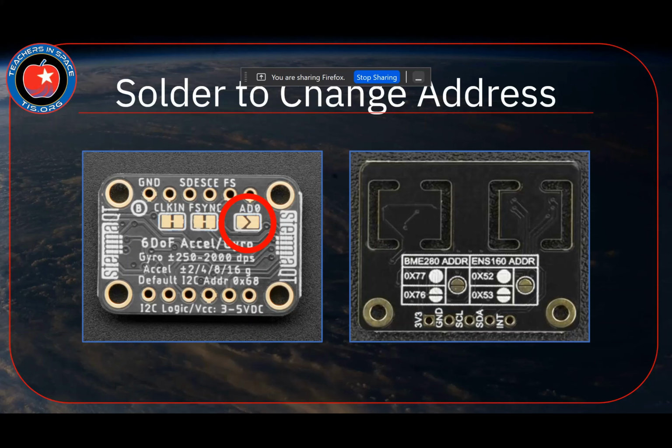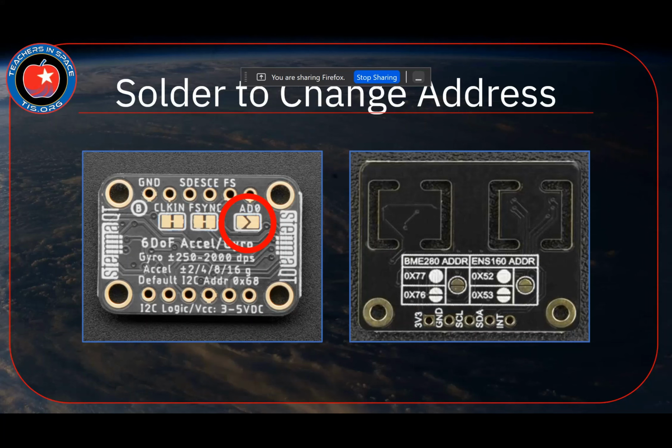So on the left side, you see this AD0 pad. So that's two little metal pads. And if you put a little bit of solder on there and connect those two pads together, what it does is it bumps the address up a number. So in the example that I was working with, the addresses always start with a 0x, and then there's two digits after that for the actual address.